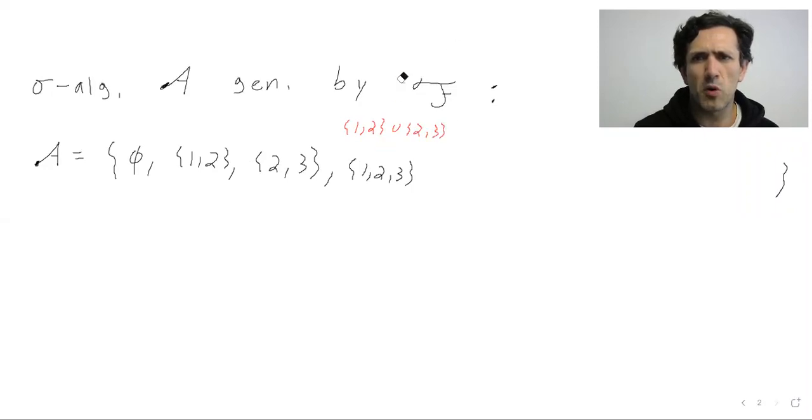And if this is boring, just skip over it; I'm not offended at all if anyone skips over things. We know, for example, that {2} has to be in here because {2} is {1, 2} intersect {2, 3}.